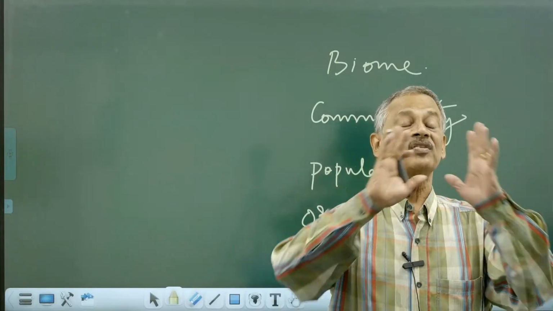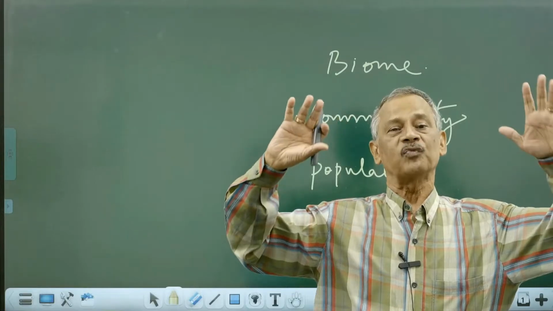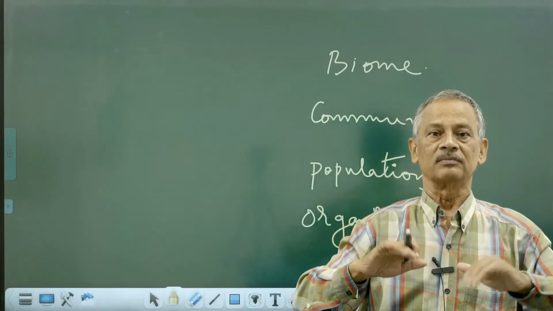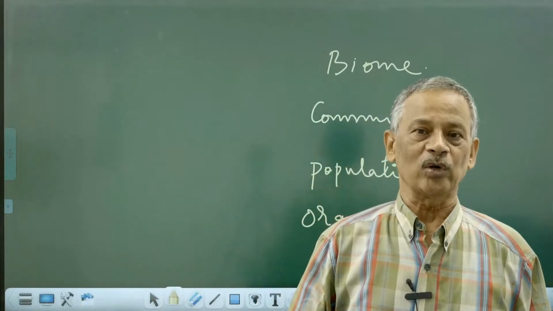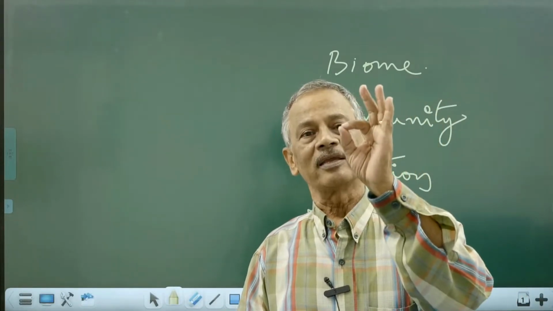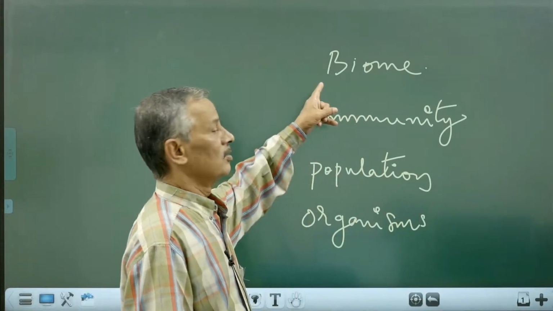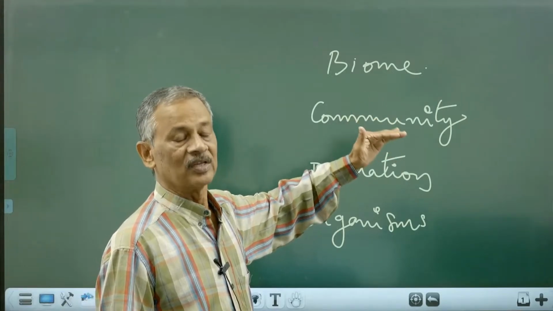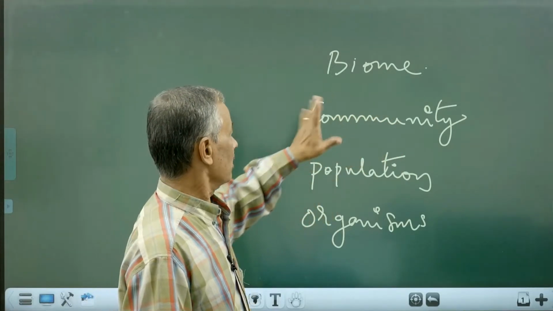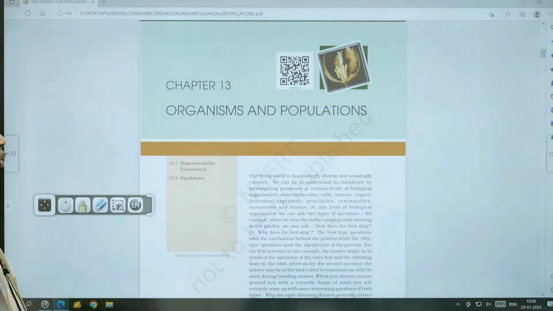So biome is a large area in which so many different types of communities are living. All that community and that area are enjoying a particular characteristic climatic condition. So the whole world is thus divided into a number of important biomes.